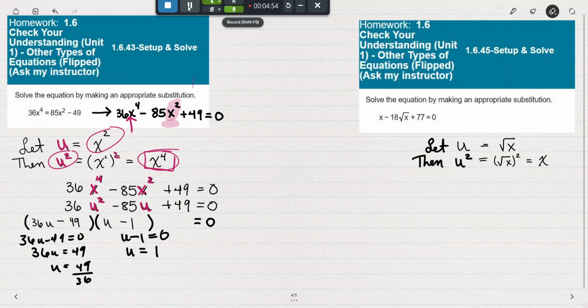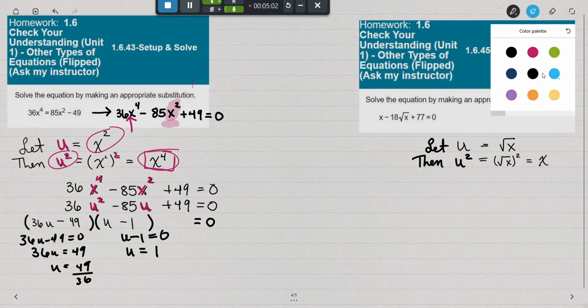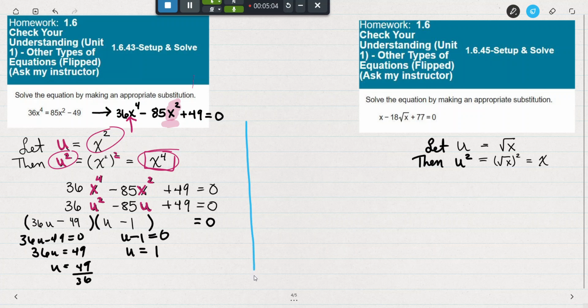Now, I have solved for u, but notice that this equation is asking me to solve for x. So the final step when I'm using substitution to solve an equation is I have to go back to solve for the original variable, the x squared, or x actually, but I'm going to start by solving for x squared.